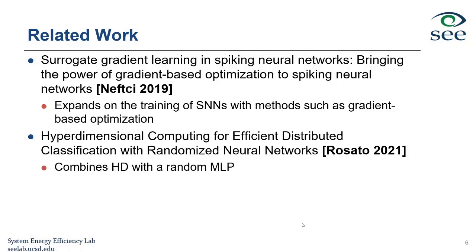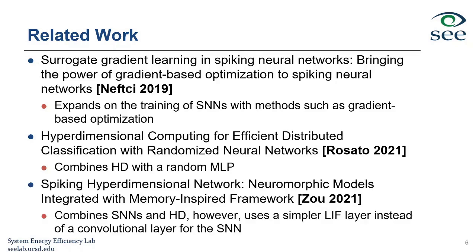For example, hyperdimensional computing for efficient distributed classification with randomized neural networks combines HD computing with a random MLP for more efficient classification than a deep neural network. Furthermore, there has been work combining SNNs and HD recently. However, this work differs from ours as they simply use a LIF layer instead of a convolutional layer for the SNN. And we also evaluate the robust properties of HD in more detail.